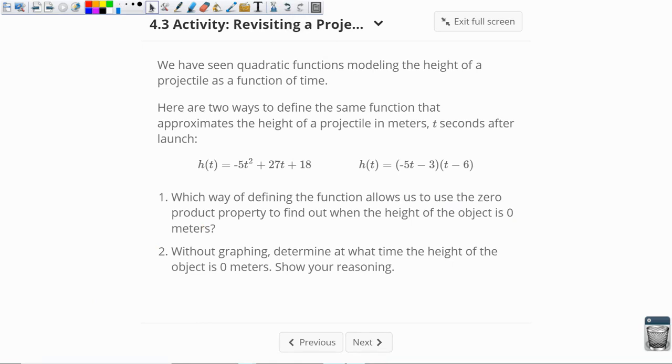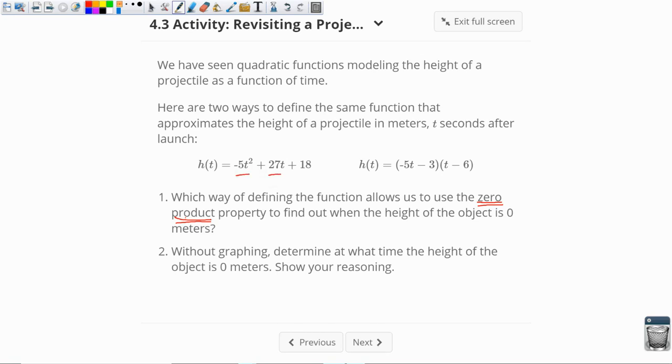So we've seen quadratic functions modeling the height of a projectile as a function of time. Here are two ways. Which way of defining the function allows us to use the zero product property to find out when the height of the object is 0 meters? Well, the zero product property tells you exactly what you need. You need something equal to 0, and you need to have a product, which is things multiplied.